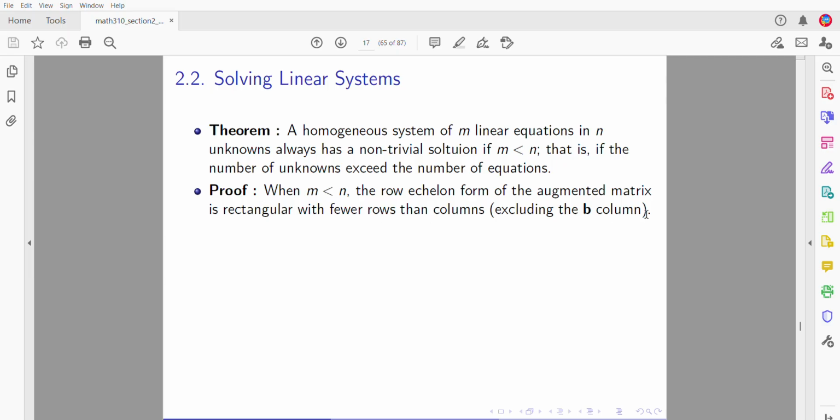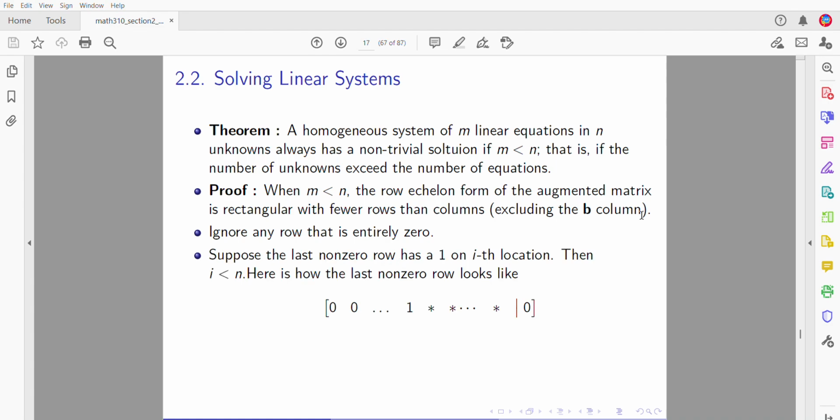Ignore any row that is entirely 0; you can push it to the bottom. Now the last row has a 1 followed by something we don't know, 0 or non-zero. It should look something like this.